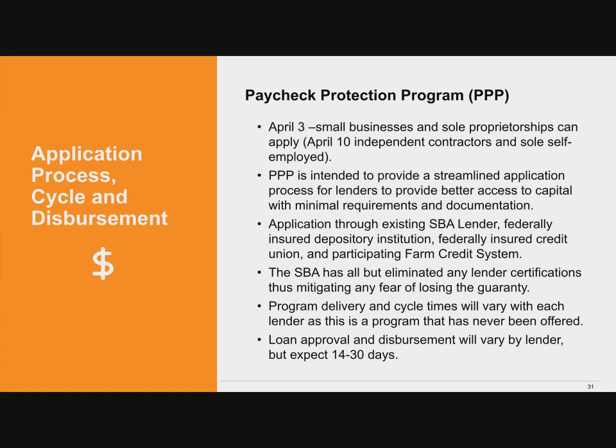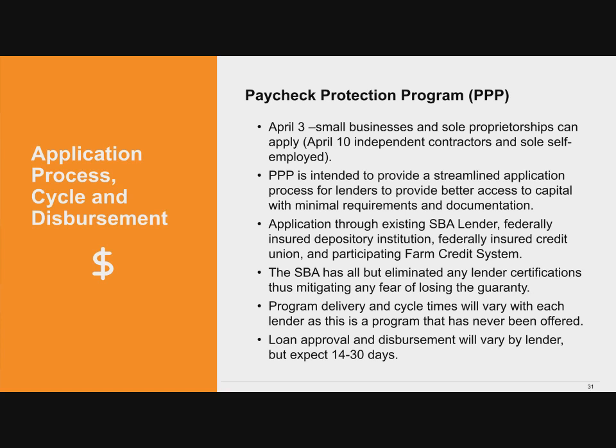The program is intended to get money out the door. We as an organization have an online portal where we're going to have our clients' borrowers go online and apply. We believe that we can process X number of applications depending on how many touches. If it's a minimal amount of information, we could do something in 15, 20 minutes. If they're going to require more documentation, it's going to be longer.